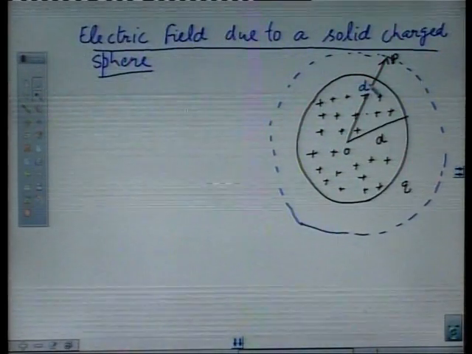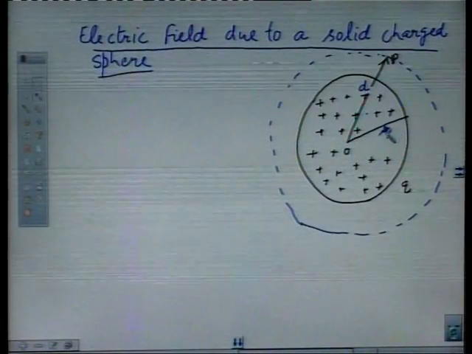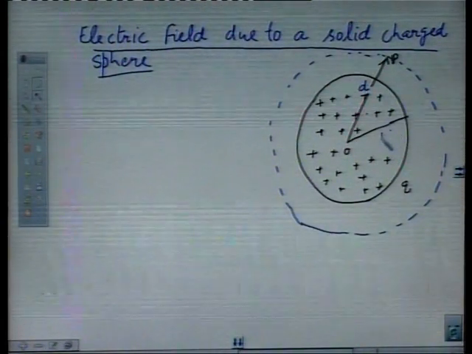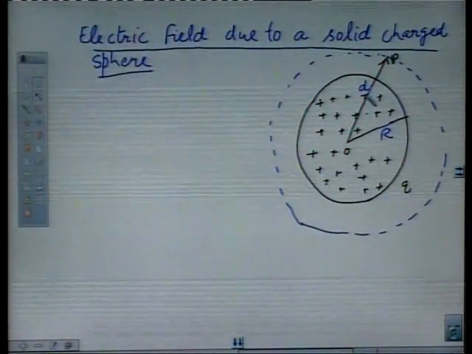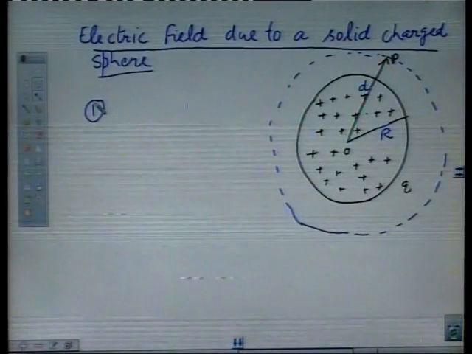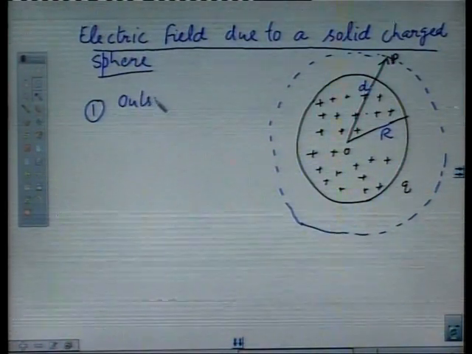Let us take this as d and this as r. Now, first we will find the electric field outside the sphere.